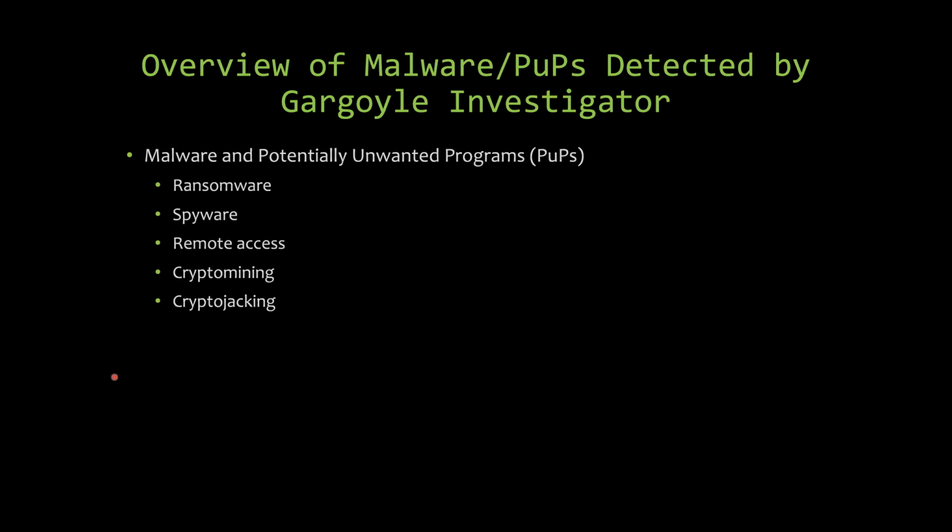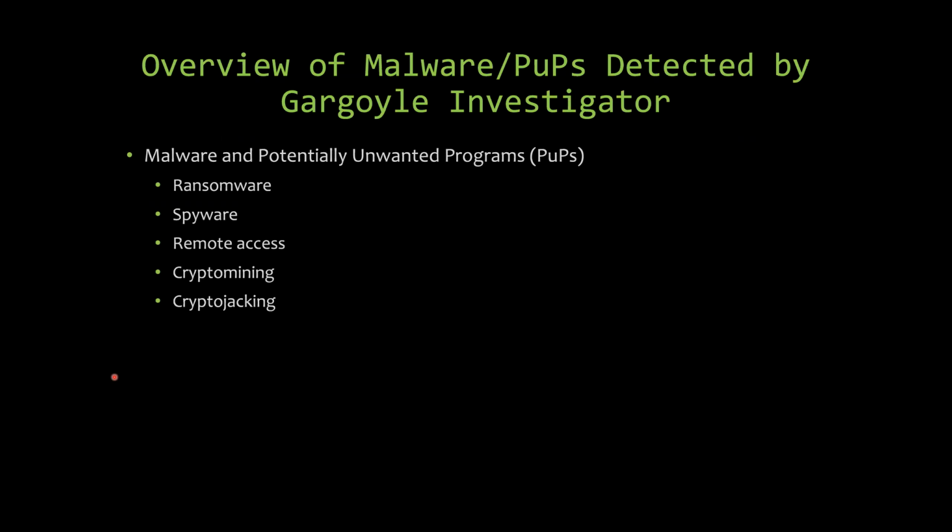Gargoyle and malware detection is not actually an antivirus program. It's a digital forensics tool that is used to report on the presence of something like ransomware, spyware, remote access programs, crypto mining, or cryptojacking. The program is not designed to stop that.